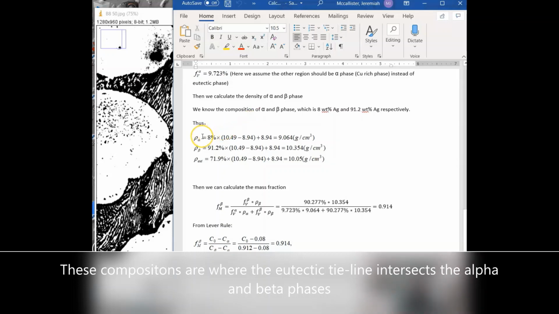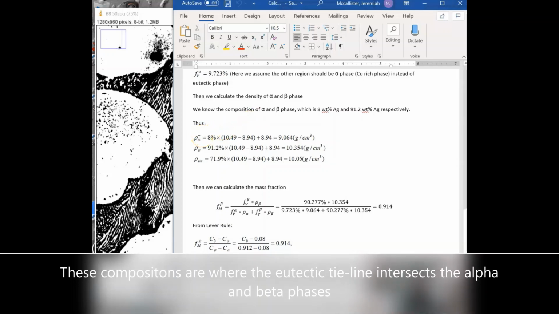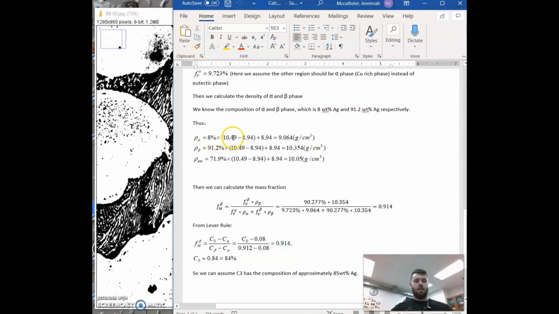So we can say that our alpha density is equal to 8% times the density of silver minus the density of copper, and we add that to the density of copper.